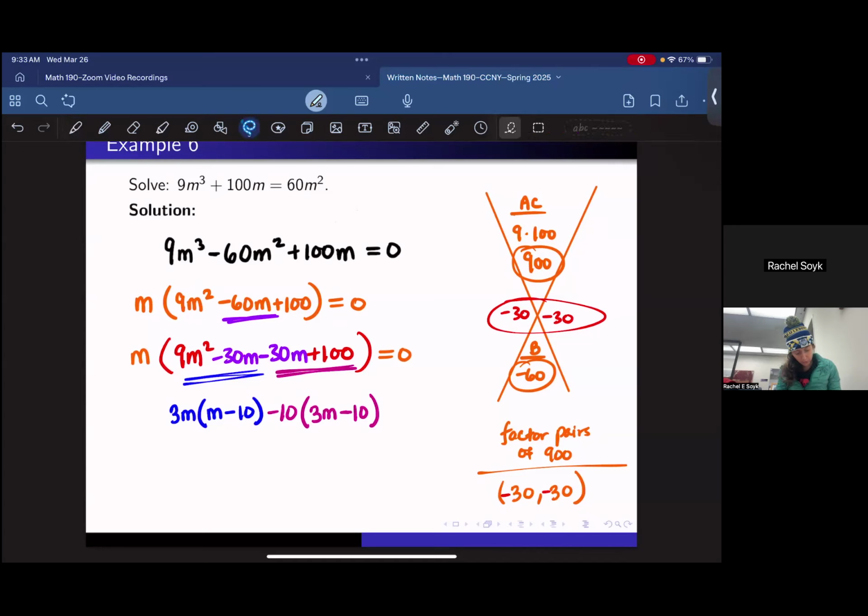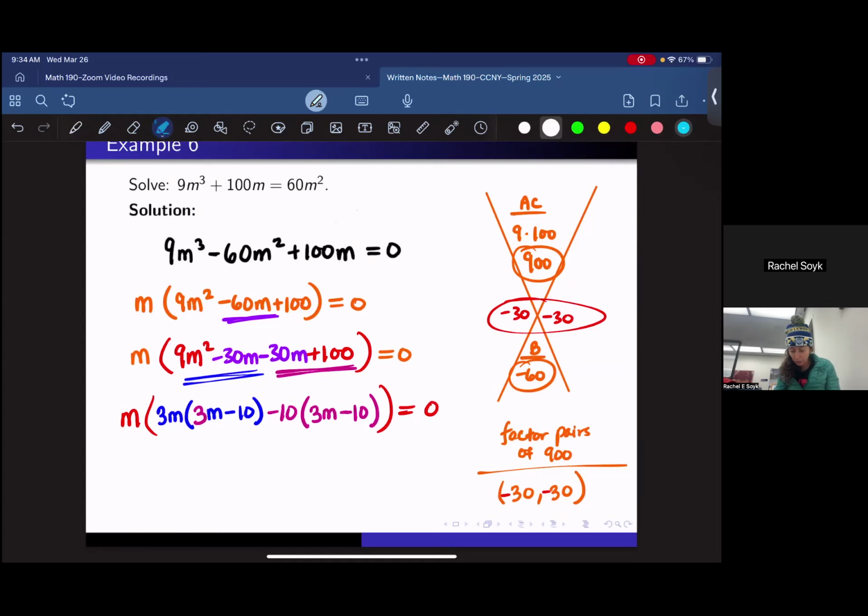Mistake in the first one, right? When we pull out 3m, we're left with 3m minus 10. Yeah, good. Everything looks great. This is all surrounded by that m value and set equal to 0.